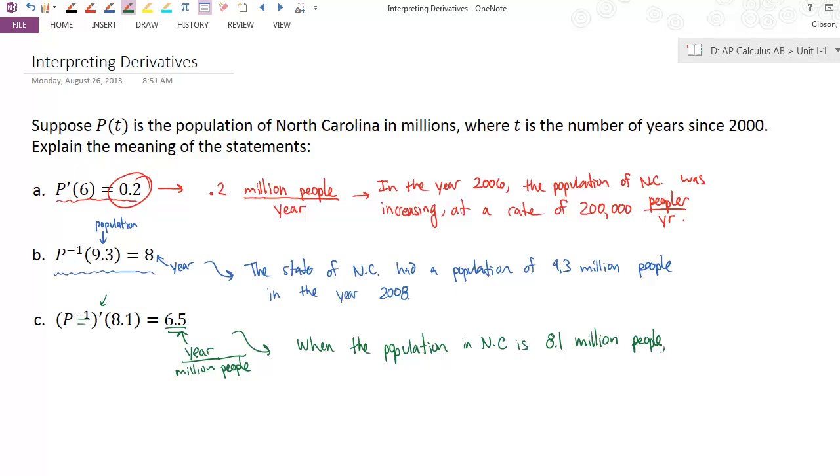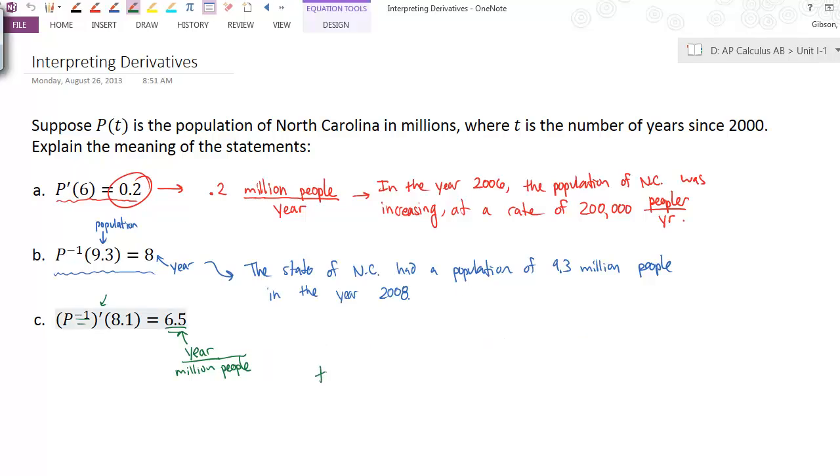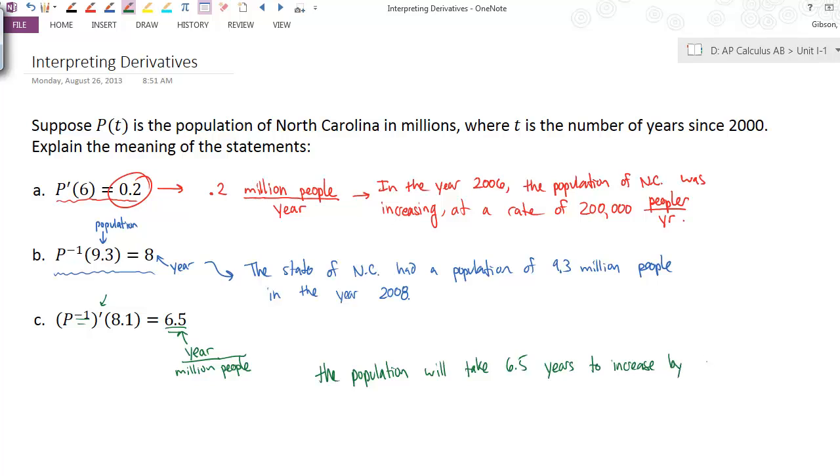So when the population in Carolina is 8.1 million people, the population will take 6.5 years to increase by 1 million people.